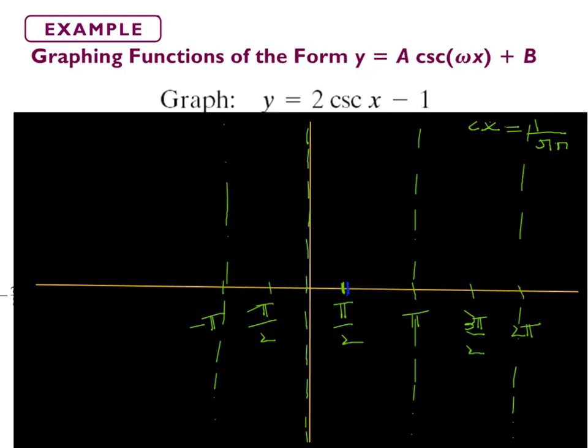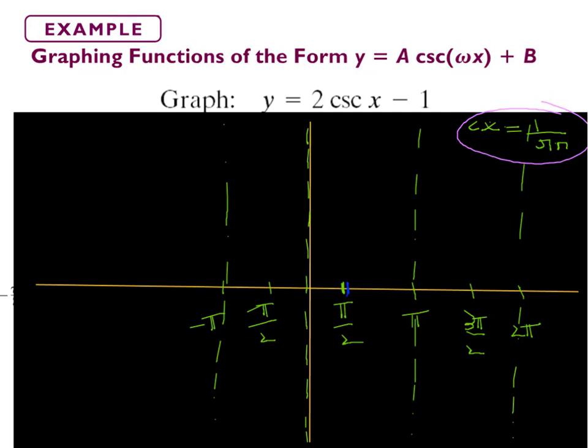And then, do I have any zeros? I don't have any zeros. This can never be 0. Because you have to make the numerator 0, but the numerator is 1. So you can't make 1 into a 0, right? So there's no zeros.